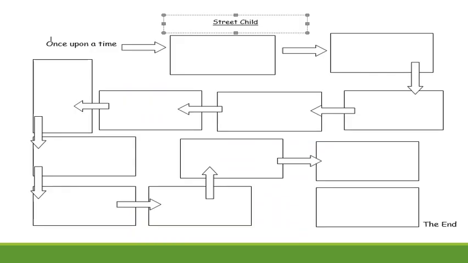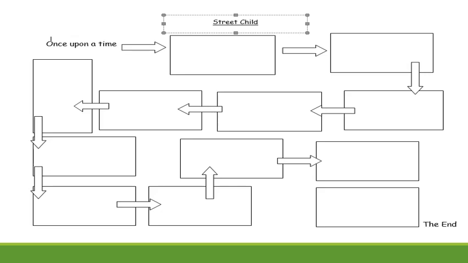Okay, so you can have the title as Street Child. Okay, and then you can start your story map with Once Upon a Time. Okay, then draw the first picture and have the caption underneath. Then draw the second picture, have the caption, and then how does he proceed further. So as I said in the other slides, he started his journey with his rented room where his sick mom lived.